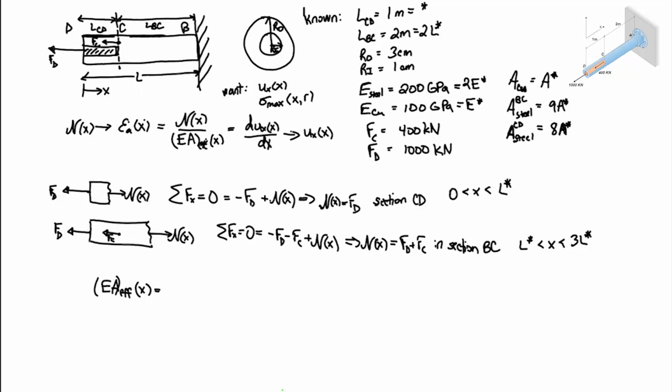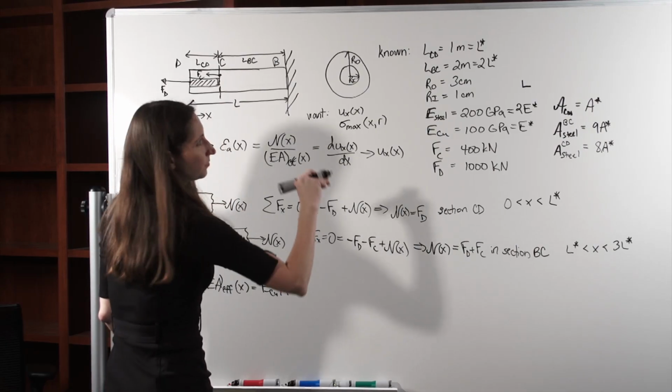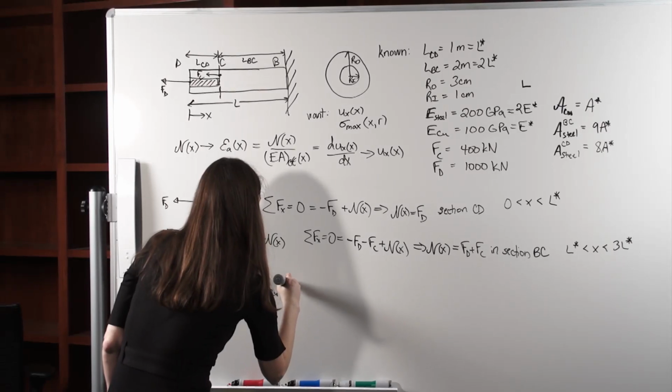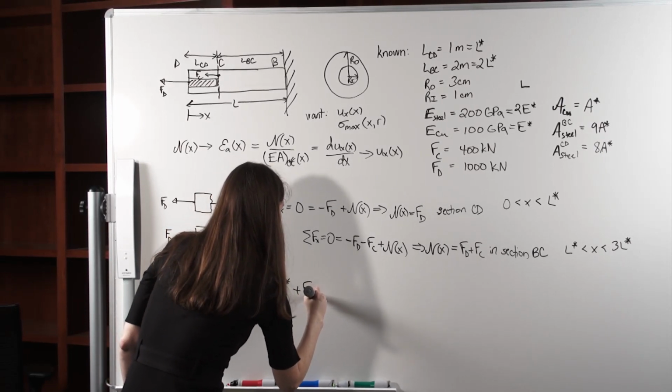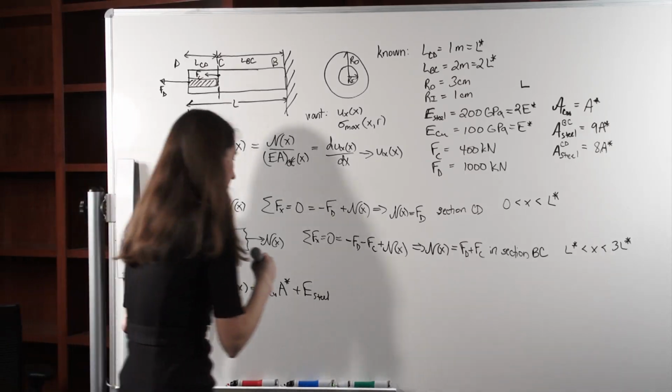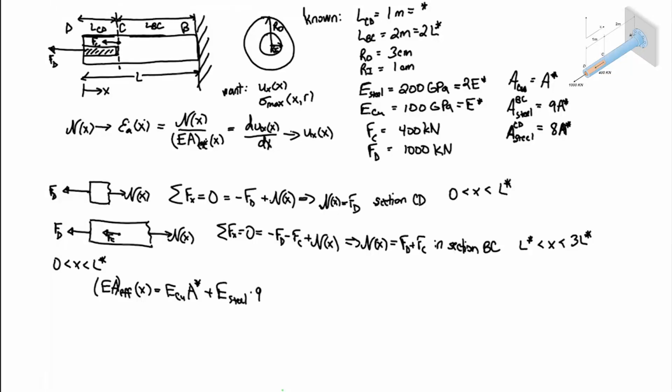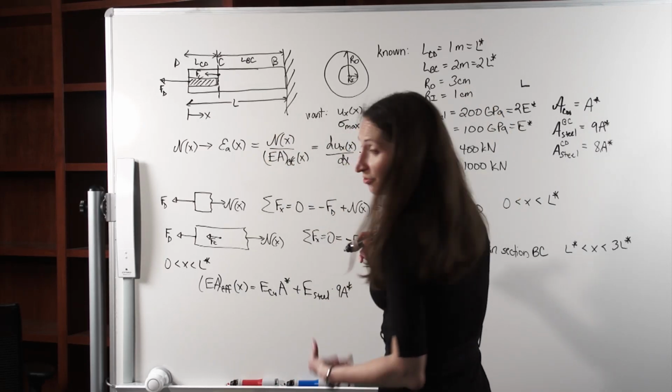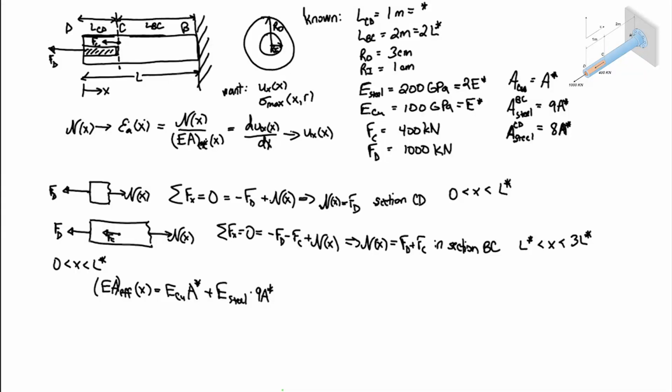So let's do this again. We'll do it from x equals 0 to L star first. So we have E copper times A copper, which we know is A star, plus E steel times A steel, which we know is 9A star. Okay, and so we can also put in our new variables for the modulus, which I forgot to do.